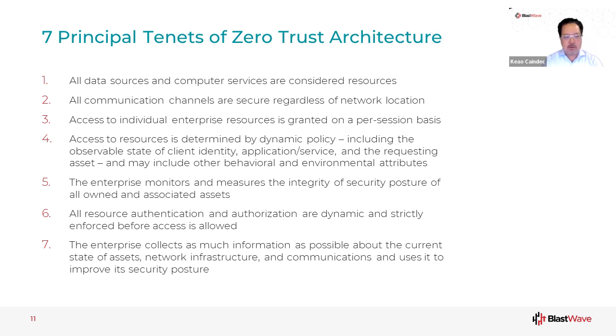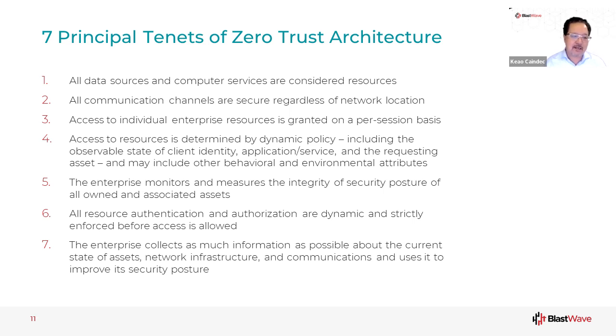All right, let me take the rest of these. The other have to do with, you need to monitor and measure the integrity of the security posture. So you need to have in place the systems and mechanisms to constantly monitor not only the endpoints, but also your system itself, and ensure that you can report on the security posture of all of your assets.